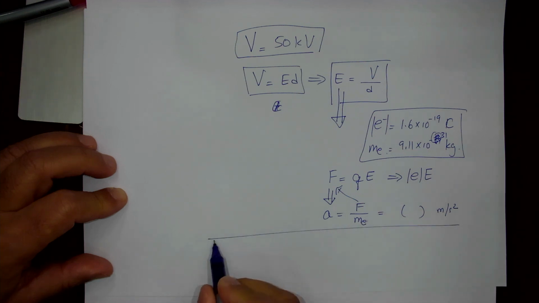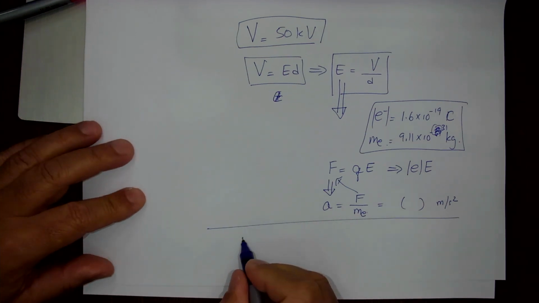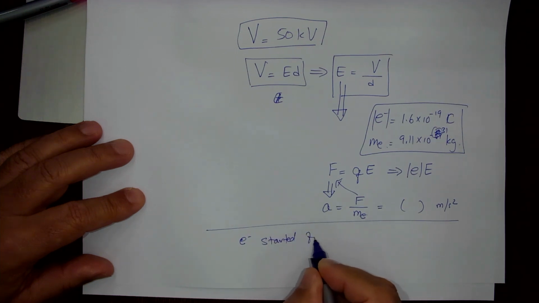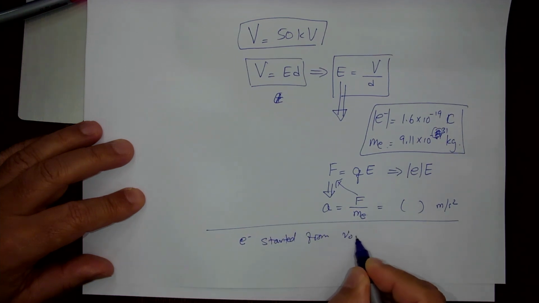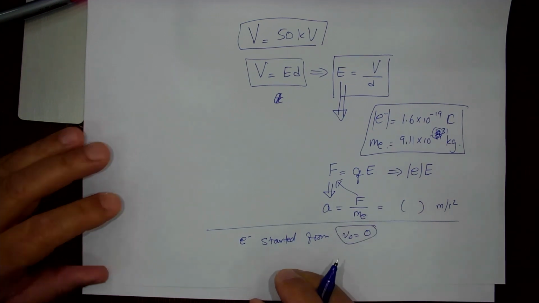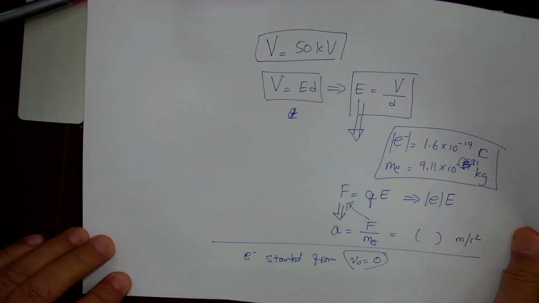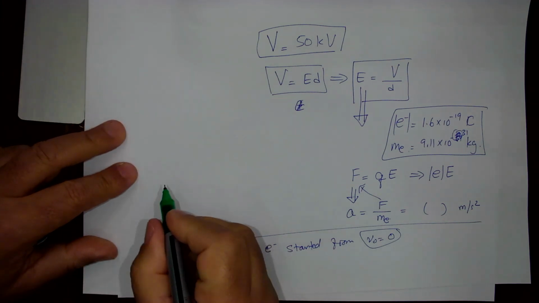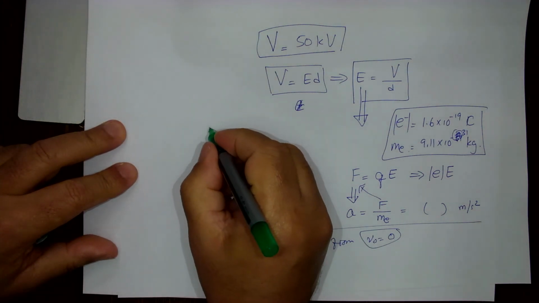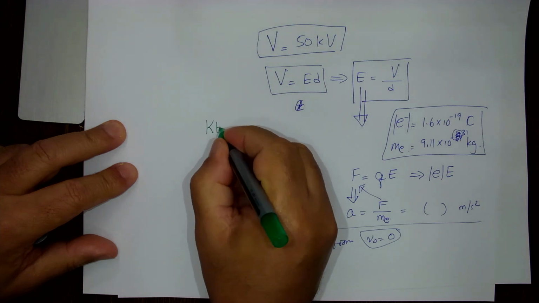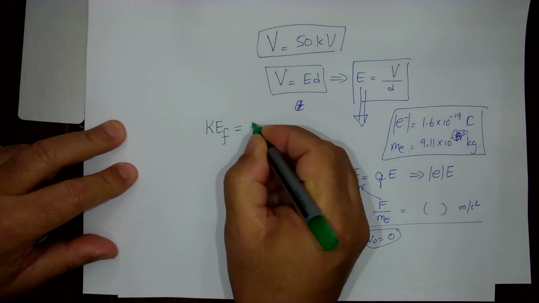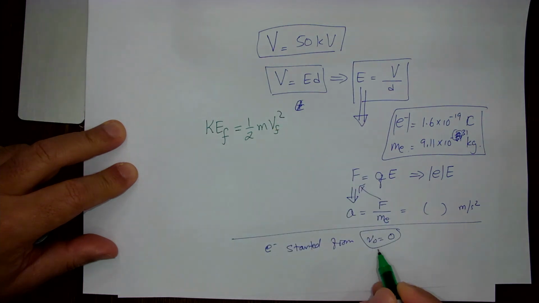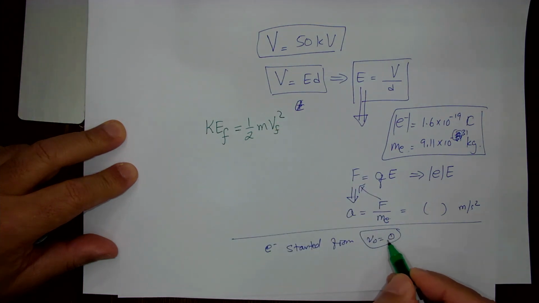Now, if I tell you that the electron started from, or we started with, V0 equal to 0, so it's ejected, started from V0 equal to 0, then you can find, this is the important thing, the final kinetic energy, which is equal to a half m v final squared.